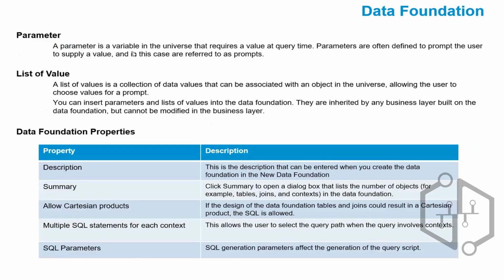These are the parameters, as I told you earlier. A parameter is like a variable in the universe that requires a value at query time. It is useful to prompt the user to supply a value.